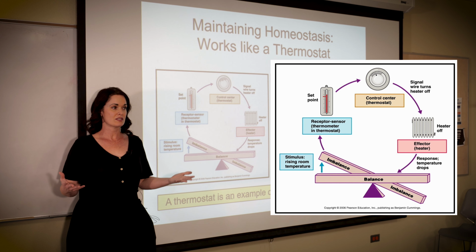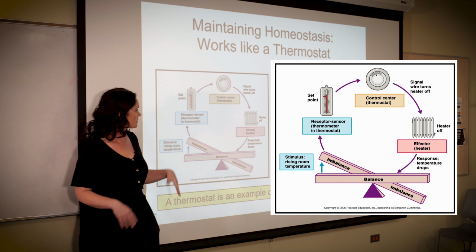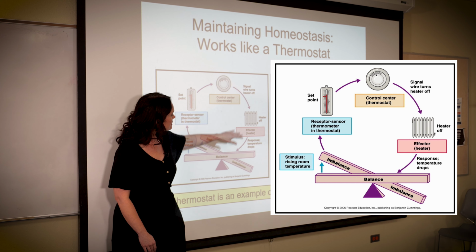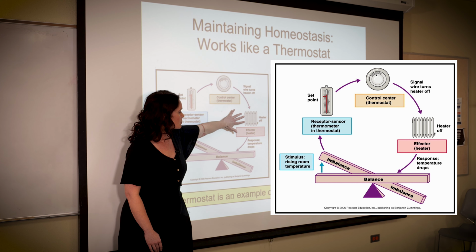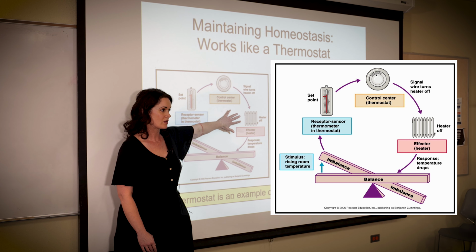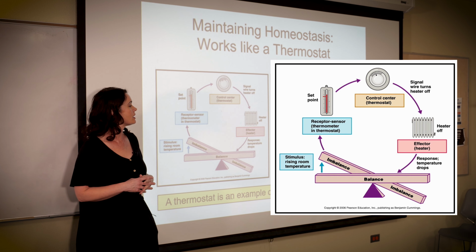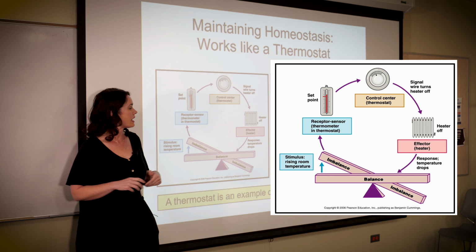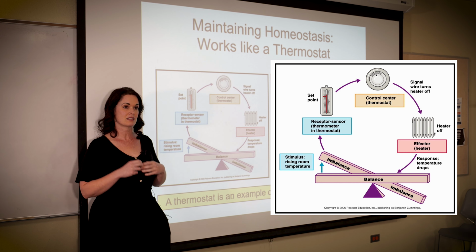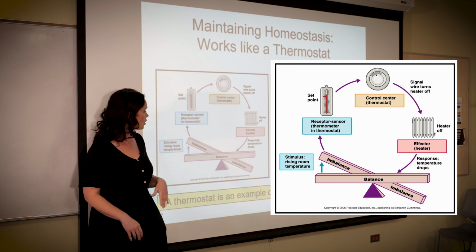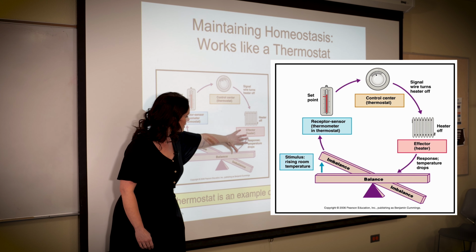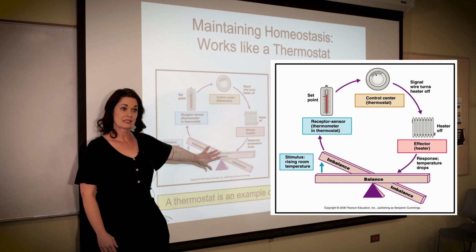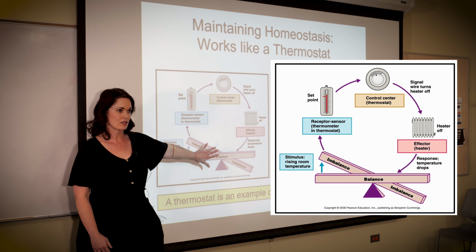So once it's determined that your house is increasing in heat, what's going to happen next is we're going to have a response to that, right? So if it's summertime, your air conditioner is going to kick in, right? And that air conditioner turning on is going to start to put cool air into your home, and it's going to bring that temperature back down to the 70 degrees where you wanted it to be.